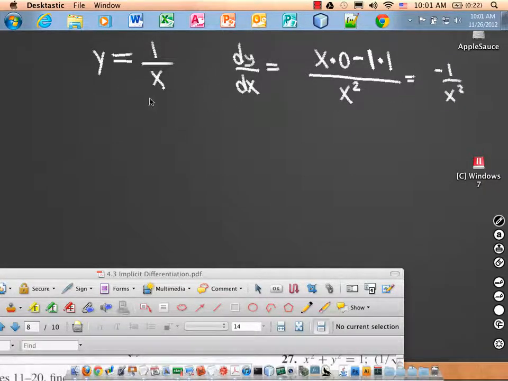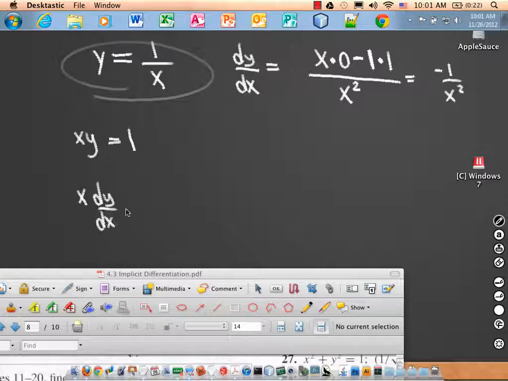That makes sense? Okay. Now, can I convince you that this equation is the same as this equation? This equation right here is implicit. So I'm going to use the same rule that I did before, except I have to use the product rule. First times the derivative of the second, x dy/dx, plus second times the derivative of the first, done implicitly.